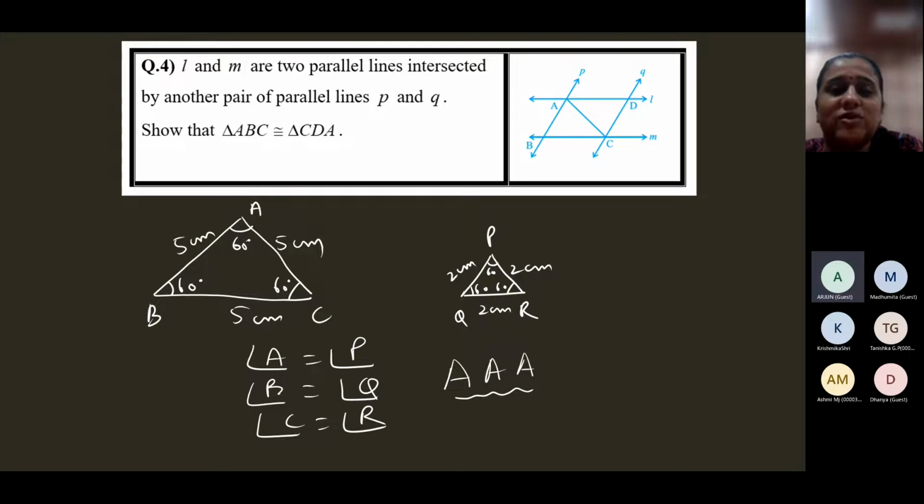No, ma'am, they are not identical. So they are not congruent. But if AAA were a valid congruence rule, you would say that these two triangles are congruent, which is not true.